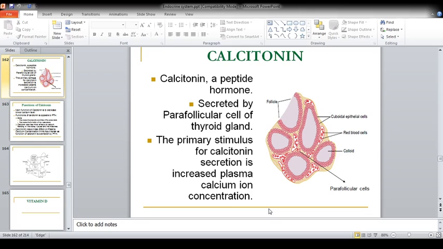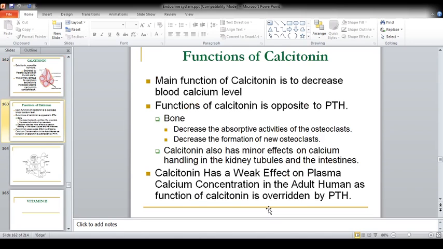Whereas if there is increased calcium in the blood, calcitonin would be released. The main function of calcitonin is to decrease blood calcium level.